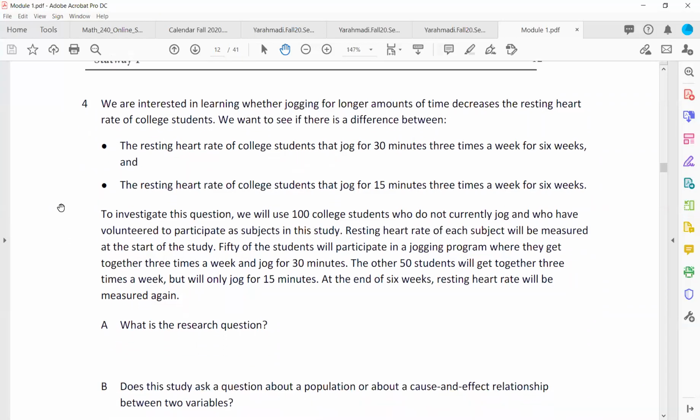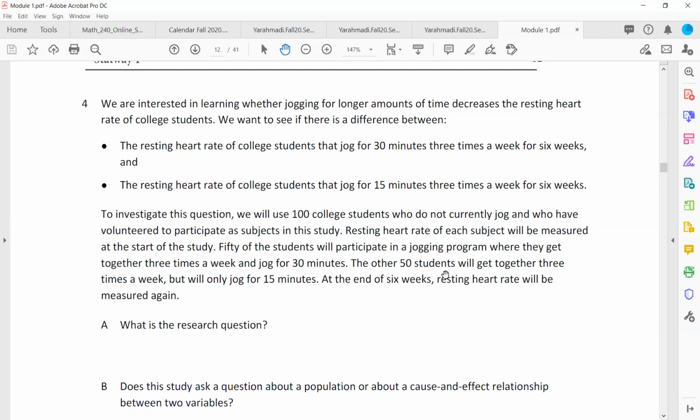To investigate this question, we will use 100 college students who do not currently jog and who have volunteered to participate as subjects in this study. Resting heart rate of each subject will be measured at the start of the study. 50 of the students will participate in a jogging program where they get together 3 times a week and jog for 30 minutes.